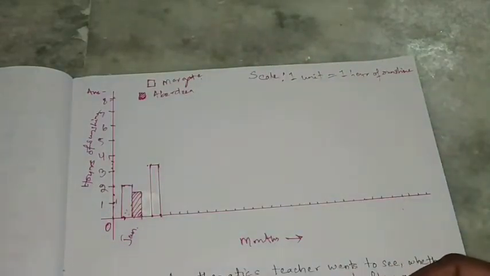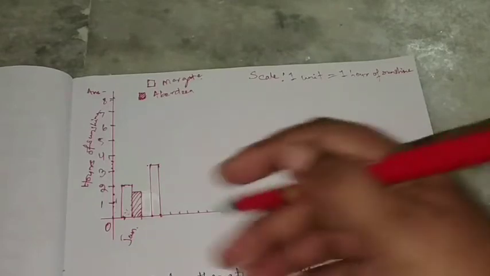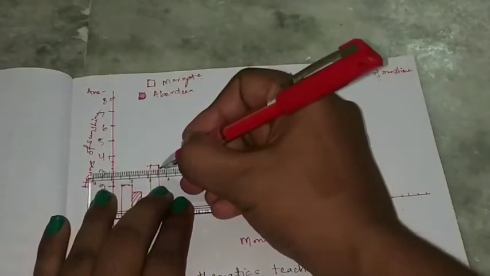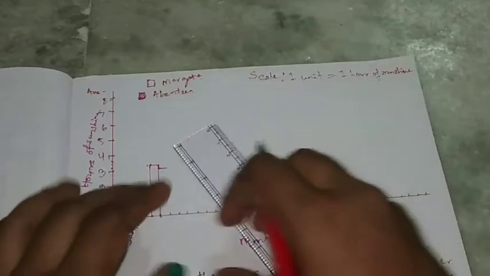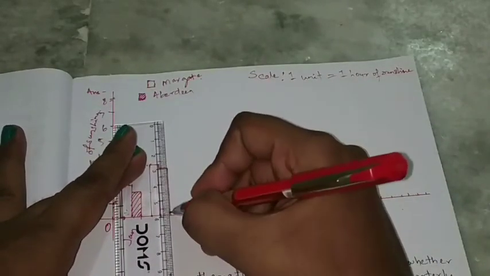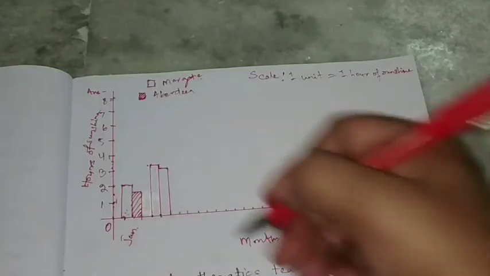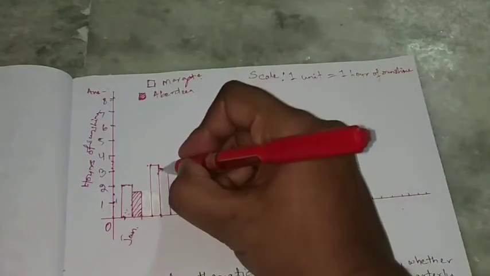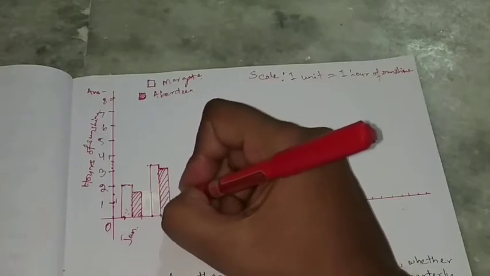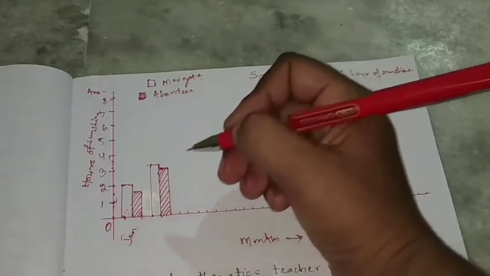Okay, 3 and 1/4. Next, in Aberdeen, it is how much? 3. So again I will take from 3, I will directly take this one and join this. Okay, and here for Aberdeen I will mark the same marking I have done in previous bar.